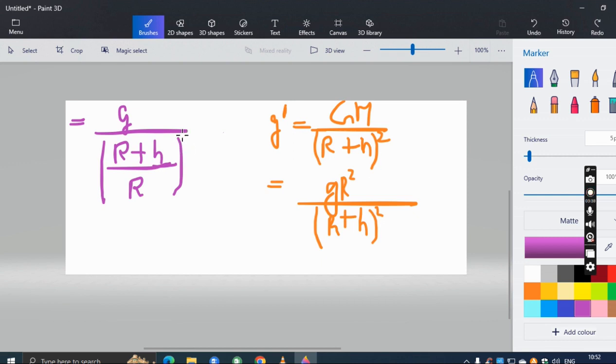How did we get this? Well, we are just dividing both the numerator and the denominator by r square. Divide by r square, divide by r square. That's how we got this.